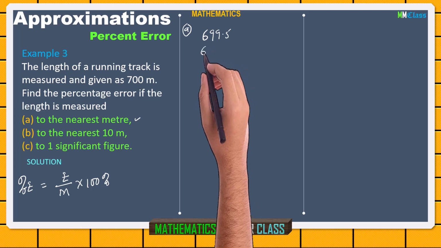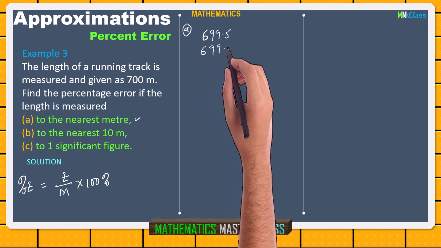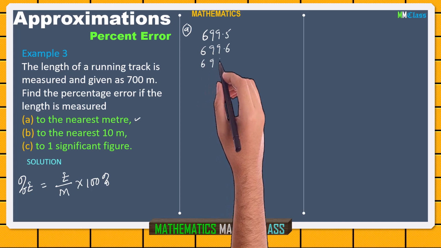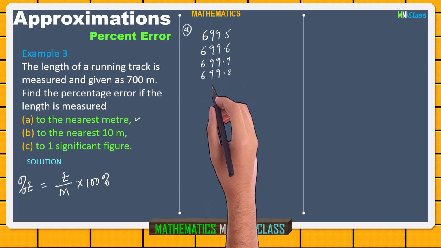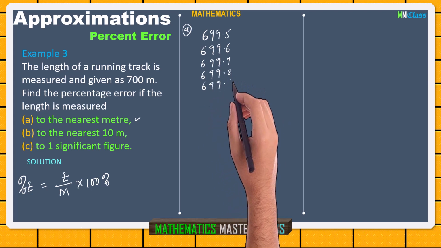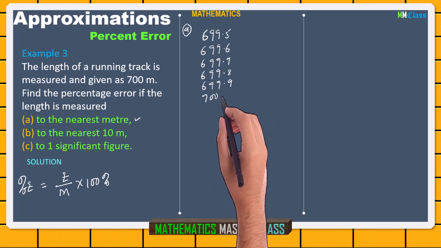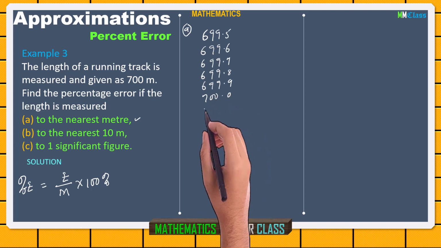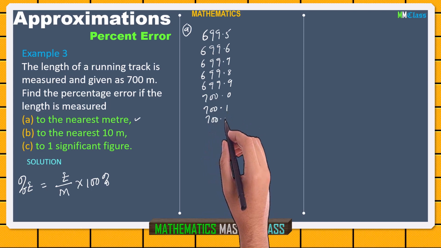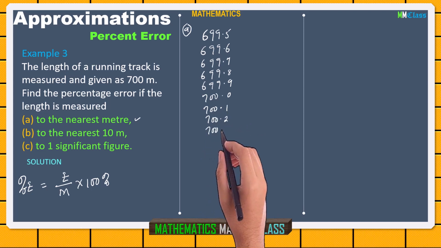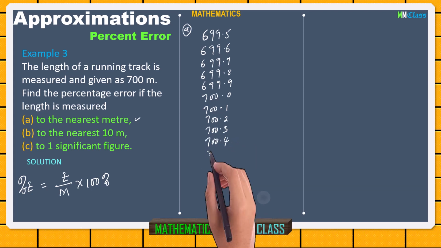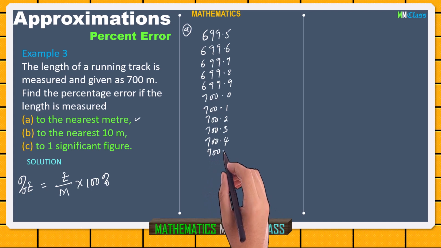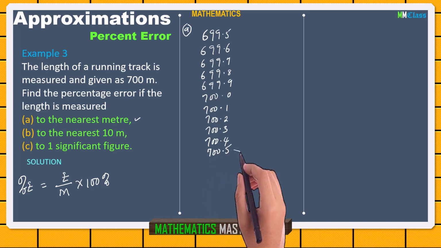The same thing with 699.6, 699.7, 699.8, 699.9, 700.0, 700.1, 700.2, 700.3, 700.4, 700.5, except this last one.